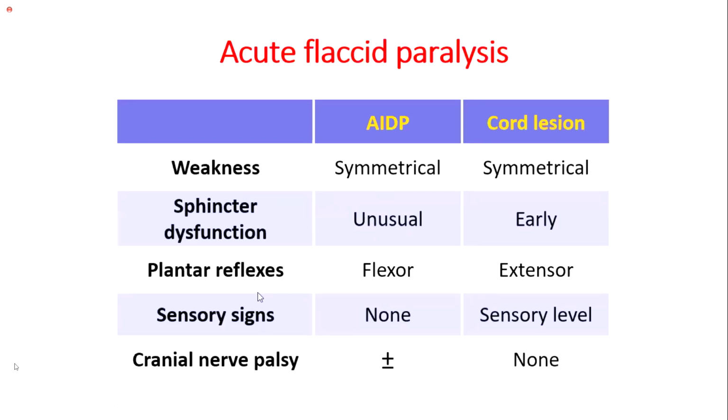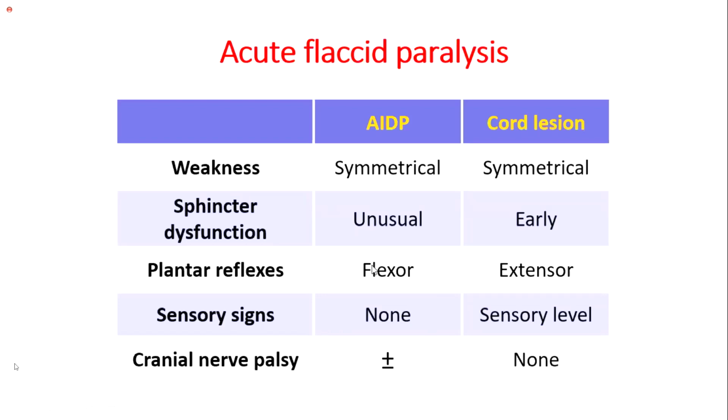Plantar reflexes: even though both may be flaccid, even in spinal shock in a cord lesion, the plantar responses would be extensor. Sensory signs: I told you in a spinal cord lesion, you get a sensory level. And in spinal cord lesion, a sensory level is a spinal cord lesion until proven otherwise.